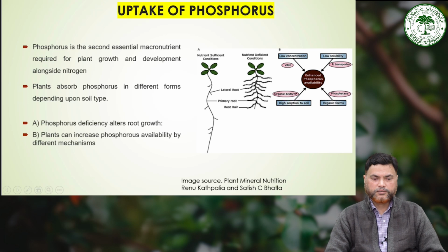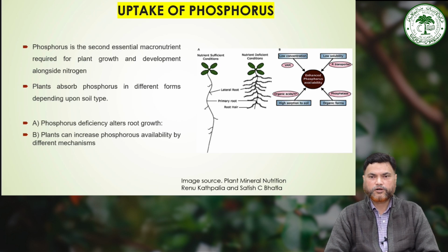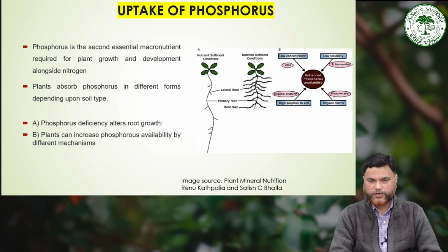You see that phosphorus plays a very important role and it's a macronutrient essential for plant growth and development, just like nitrogen we have discussed in our previous lecture.